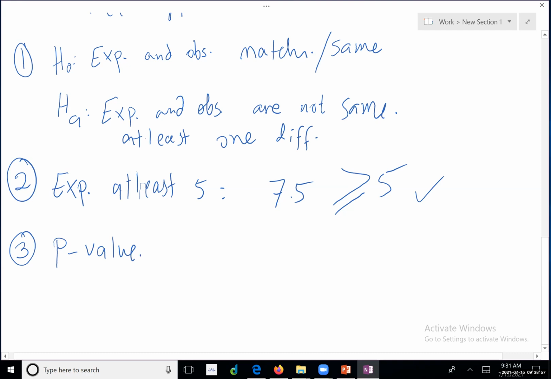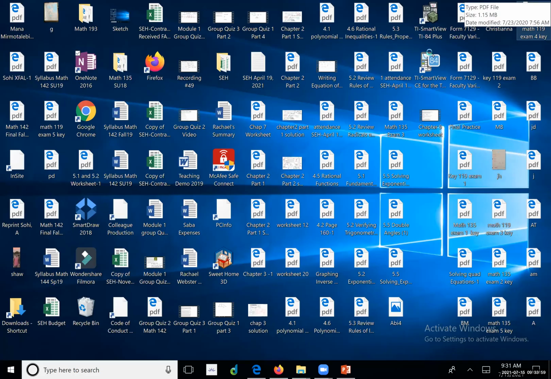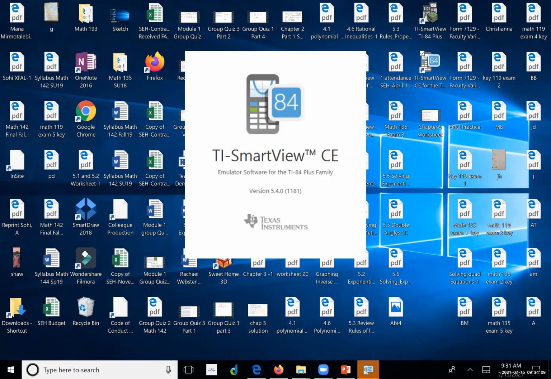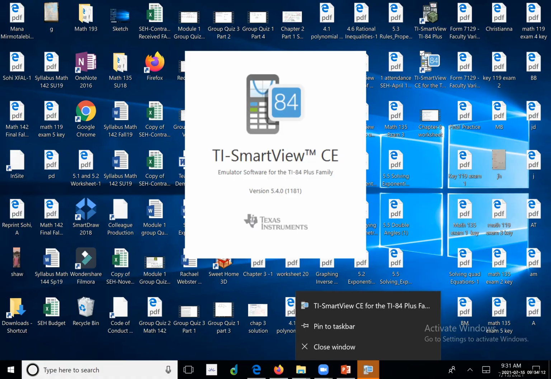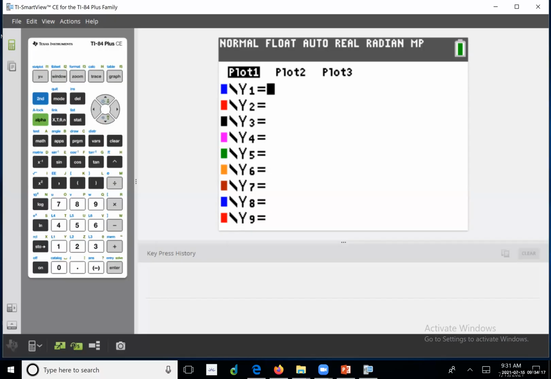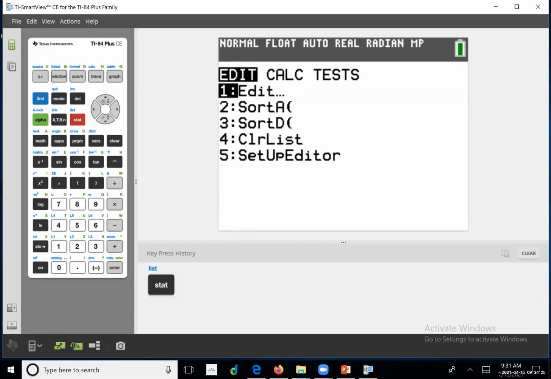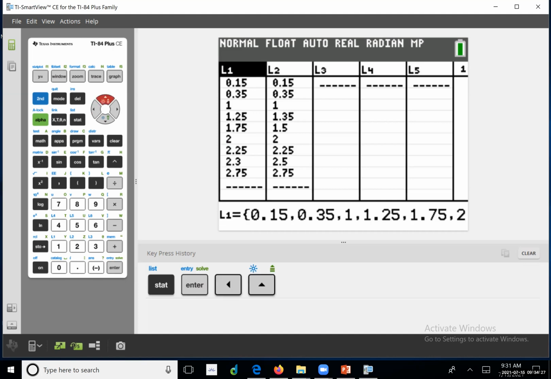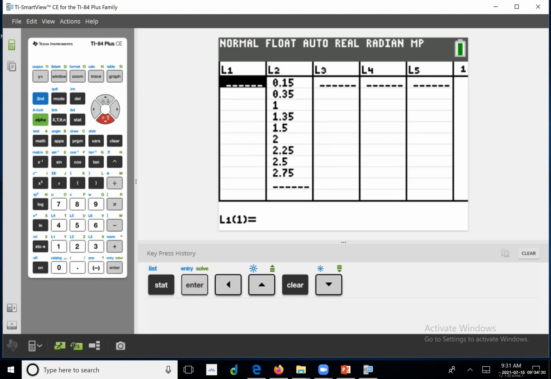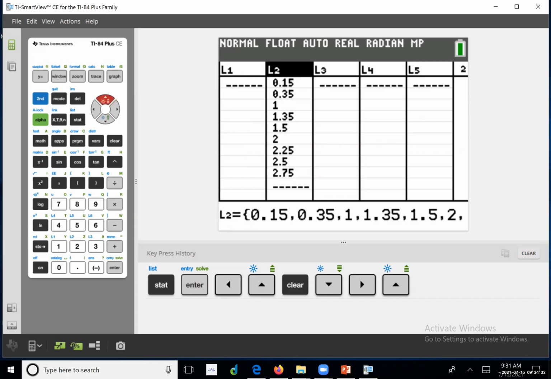So let's go to our calculator. So go to L1 and L2.